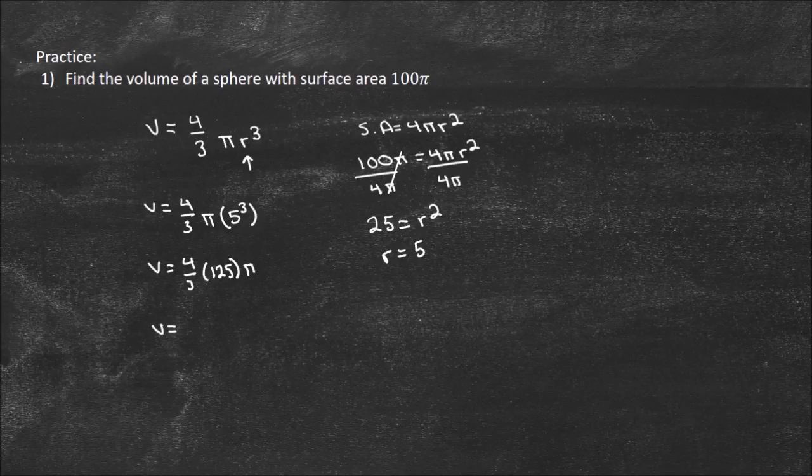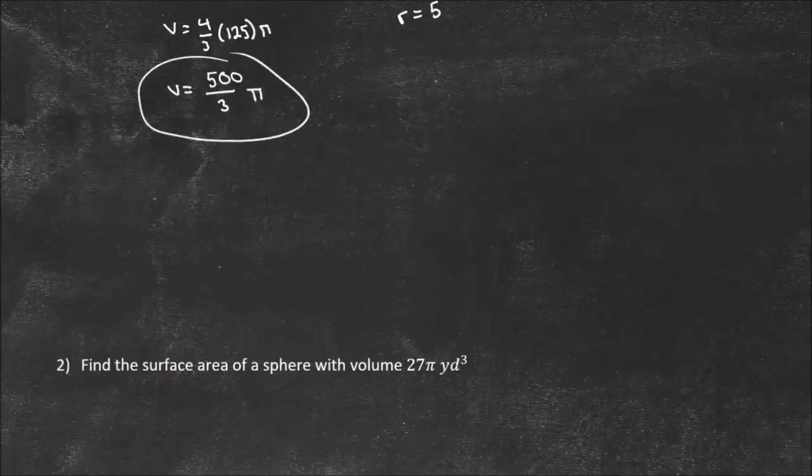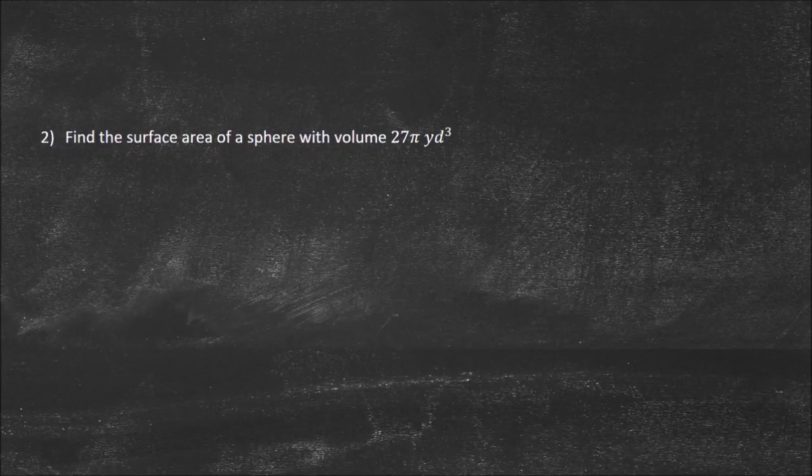Well, 125 times 2 is 250, and 250 times 2 gives me 500. So 500 divided by 3 pi. That's our answer: the volume of a sphere that has a surface area of 100 pi. So you have to start with the surface area formula and back out the radius, and then you're good to go. Now we're going the other direction.